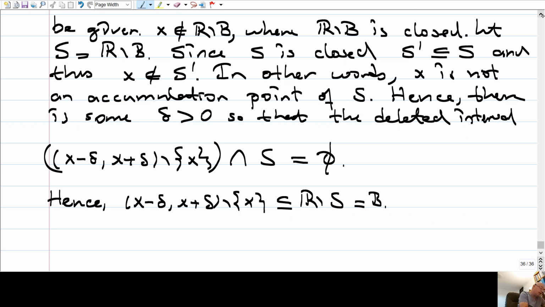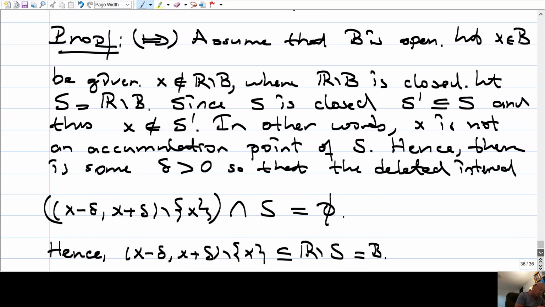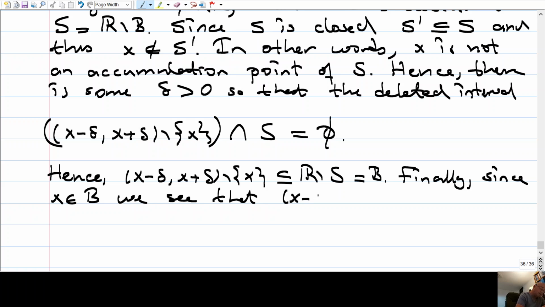We have chosen x from B. Yes, here, x is from B. So, not only this deleted interval, but x is also in B. Finally, since x is already in B, we see that (x minus delta, x plus delta), the whole interval, lies inside B. And this proves the first part of the proposition, right?